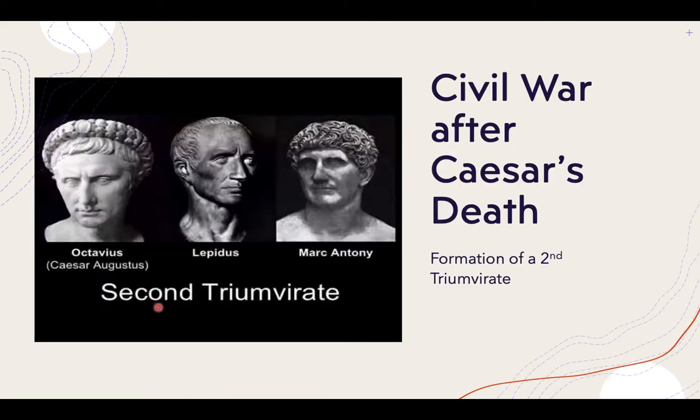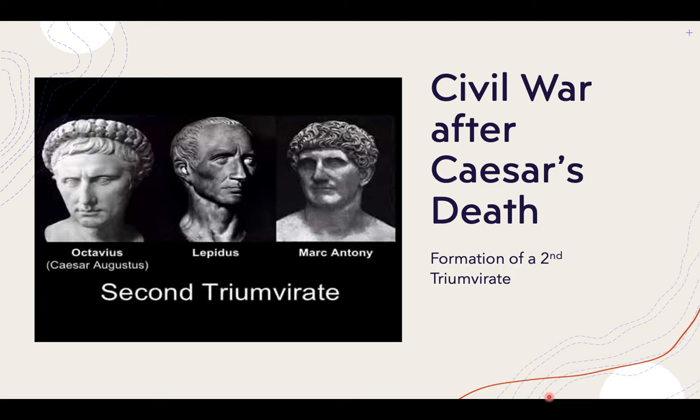Needless to say, after the death of Julius Caesar, it's a pretty volatile period of time in Roman history. A civil war breaks out between several groups of people, mainly the senators and the supporters of Julius Caesar.